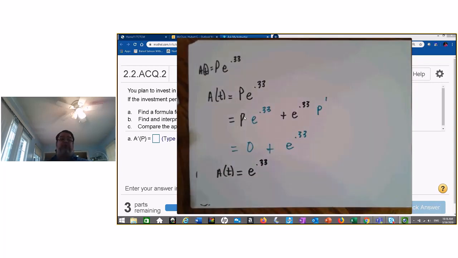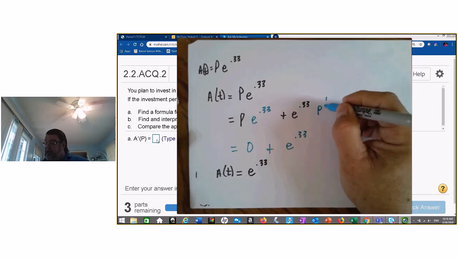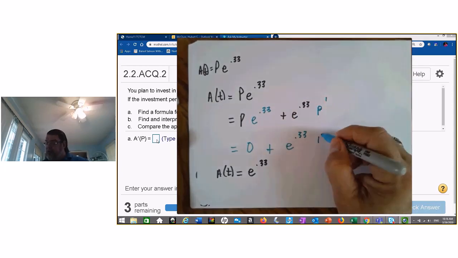So A prime of P is equal to e to the 0.33. Use the product rule. Okay? So let's plug that in. Tell me when you get to e to the 0.33. The reason this is, when you take the derivative of a variable, the derivative of a variable is always 1.